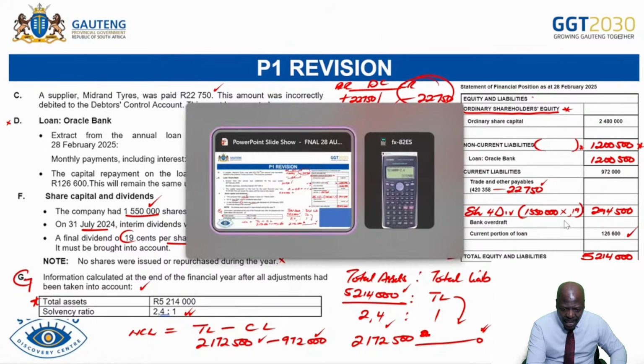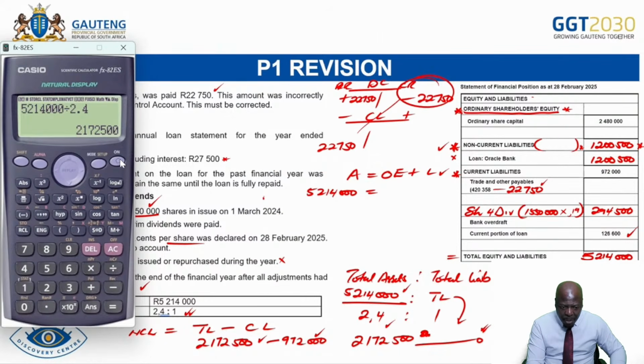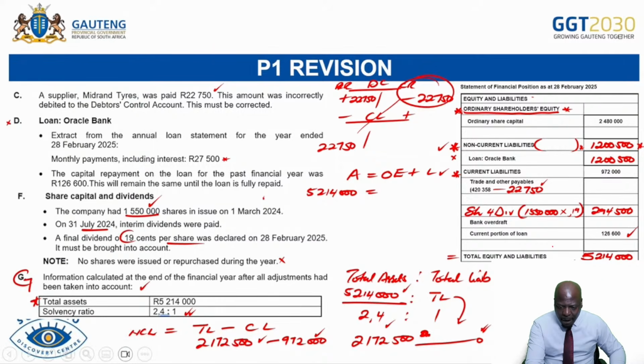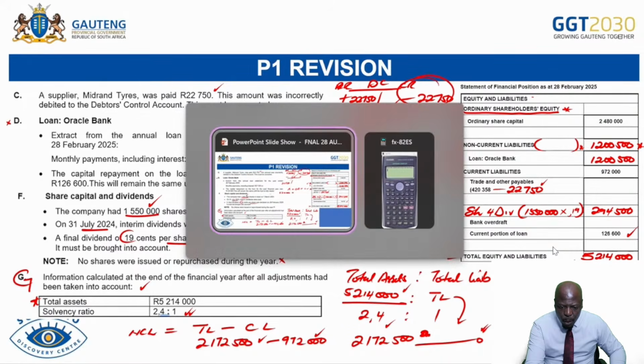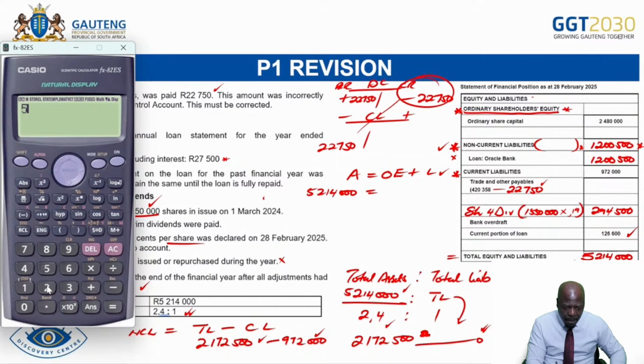You can see I'm punching figures a bit wrong here. So we're going to start from the bottom, which is my 5,214,000. And I'm going to now subtract the current liabilities, 972,000.